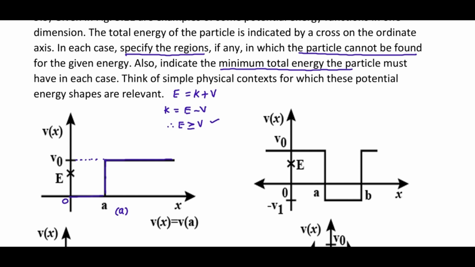Here, in this region, for x more than A, kinetic energy value is negative, K is negative, but the particle cannot exist in the region where x is greater than A. That means in this region the particle won't exist.